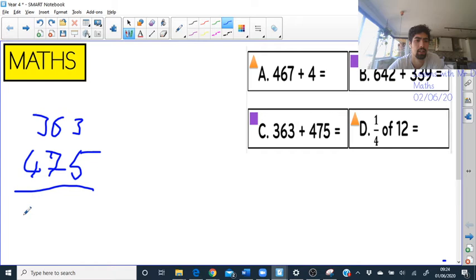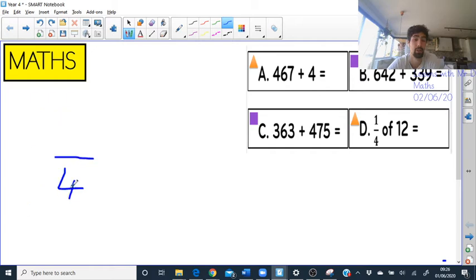We'll talk about all these technical terms next week, I don't want to blow your mind just yet. That 4 means what you're dividing by. This line means divide, and that bottom number, which is going to be called the denominator, is what you're dividing your whole by.